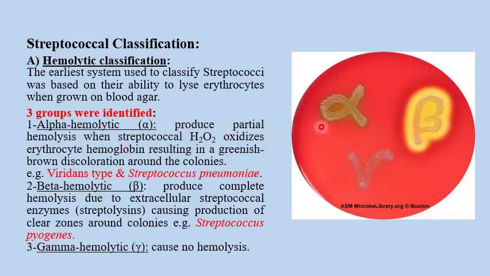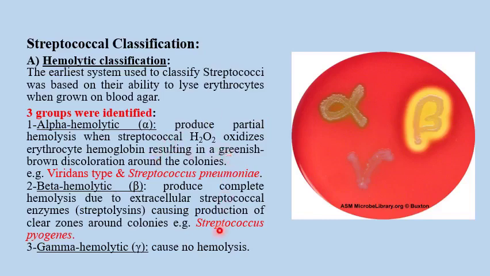As you see here in the picture, of course it is cultivated as the shape يعني alpha. بس طبعا الأورجانيزم ما نماش بالمنظر ده، هو الستريكينج عملوه بالشكل ده عشان يبين لك اللون the color of the alpha group اللي هو greenish brown discoloration. الاكزامبل الفيريدنس تايب، وكلمة فيريدنس يعني green، فعشان كده المجموعة دي بيسموها الفيريدنس تايب لأنها بتدي الجرين discoloration على البلاد أجار. وعندي كمان اكزامبل الستريبتوكوكس نيموني.